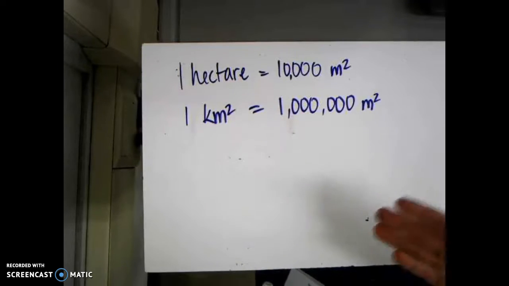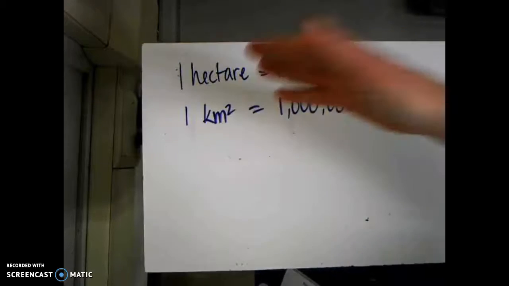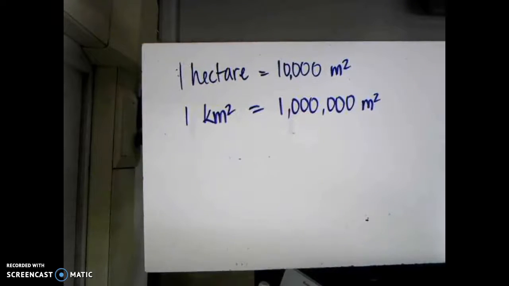But I just wanted to show some equivalencies so that you understand where this is coming from. And like I said before, a hectare is a unit of measure for area, as is kilometers squared and meters squared. Those are also units of measure for area. But this is an important conversion to keep in mind and basically to memorize.